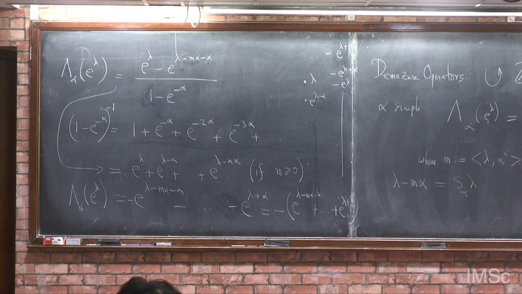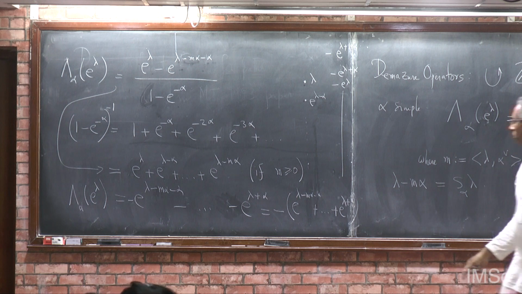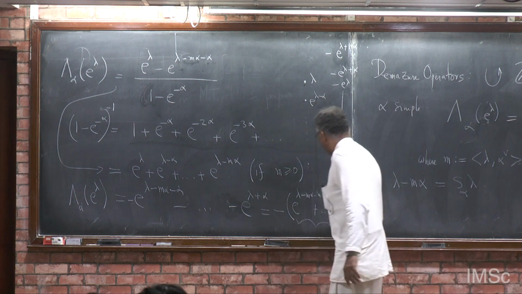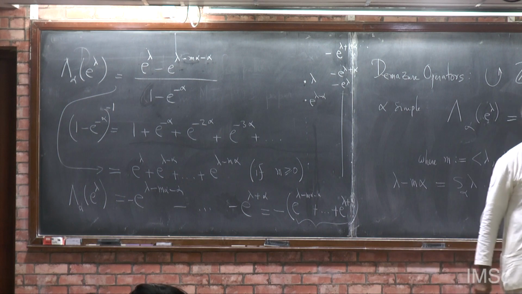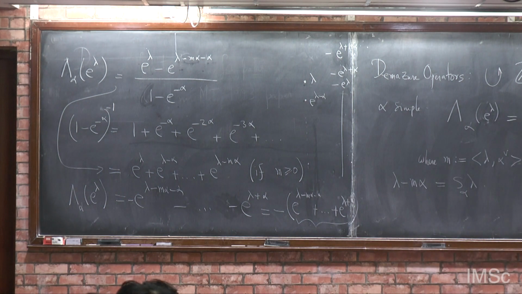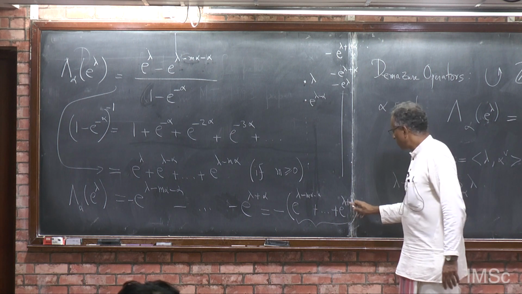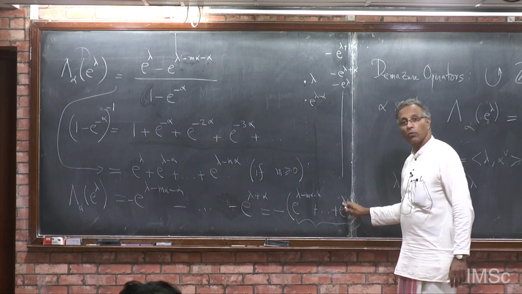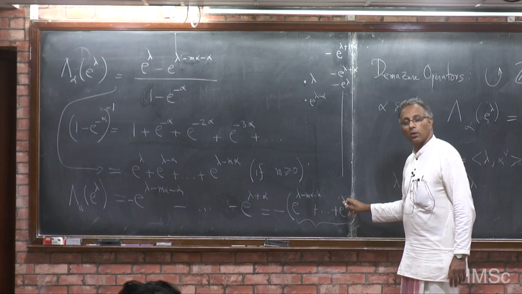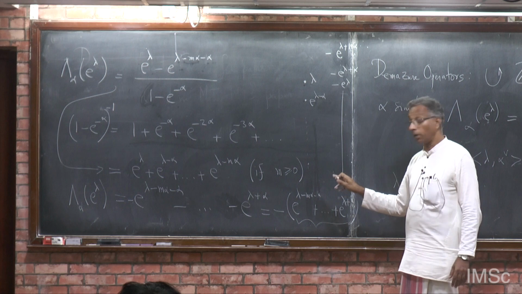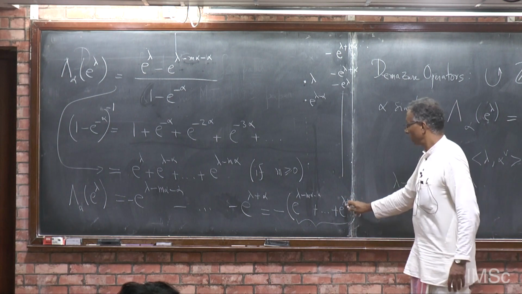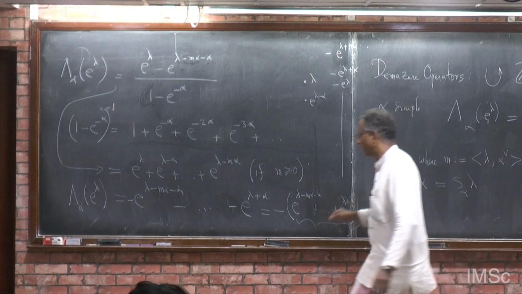If it is negative, then it gives me the negative of the character of V minus m minus 1. Correct? It's as if I put alpha equal to 2 and lambda equals m. Correct? Let's work it out.